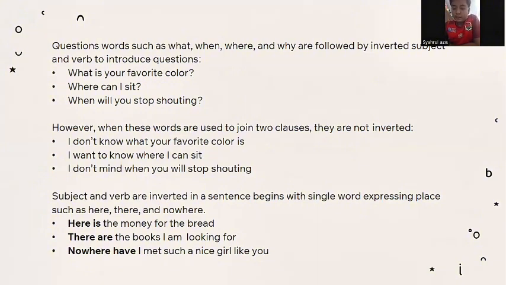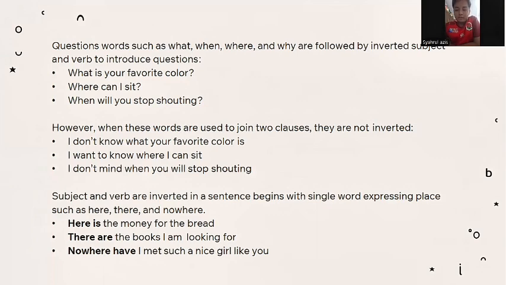However, when those words are used to join two clauses, they are not inverted. I don't know what your favorite color is. I want to know where I can sit. I don't mind when you will stop shooting.